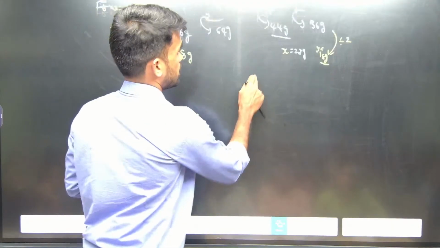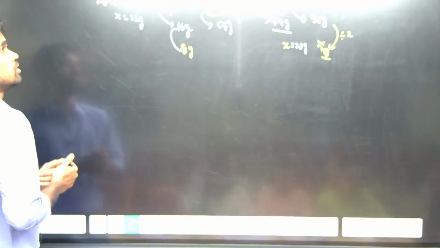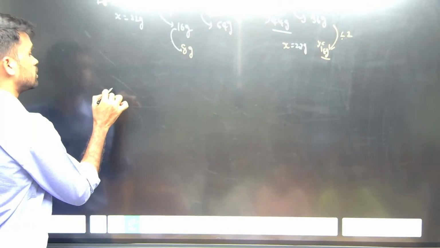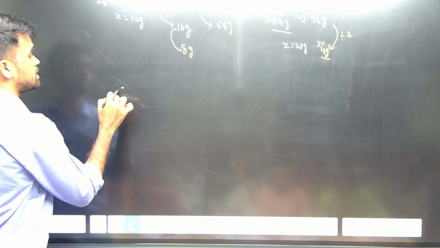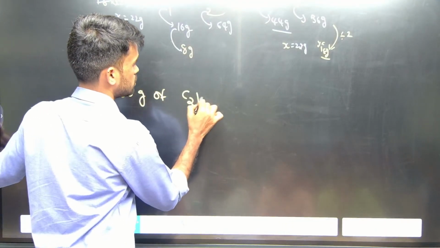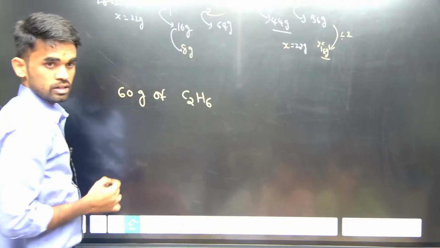Next. Okay. So I am saying 60 grams of ethane. Given 60 grams of ethane.